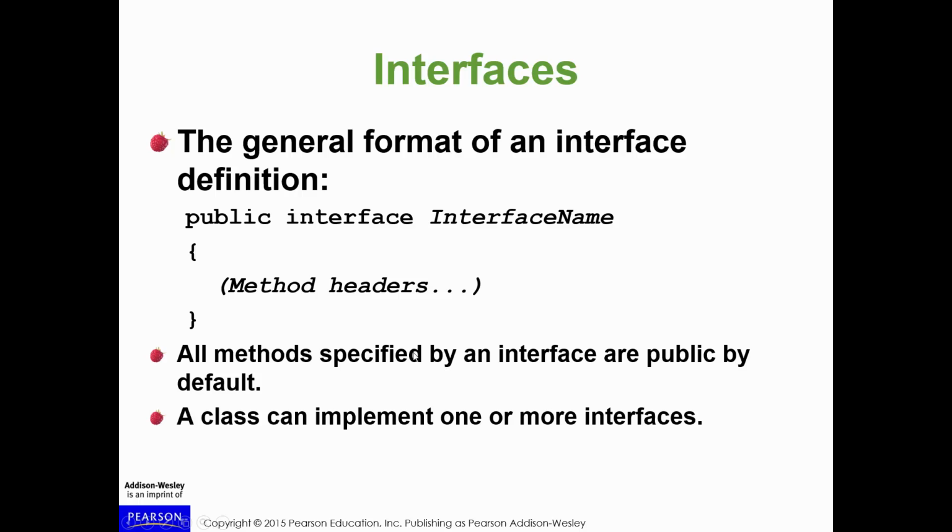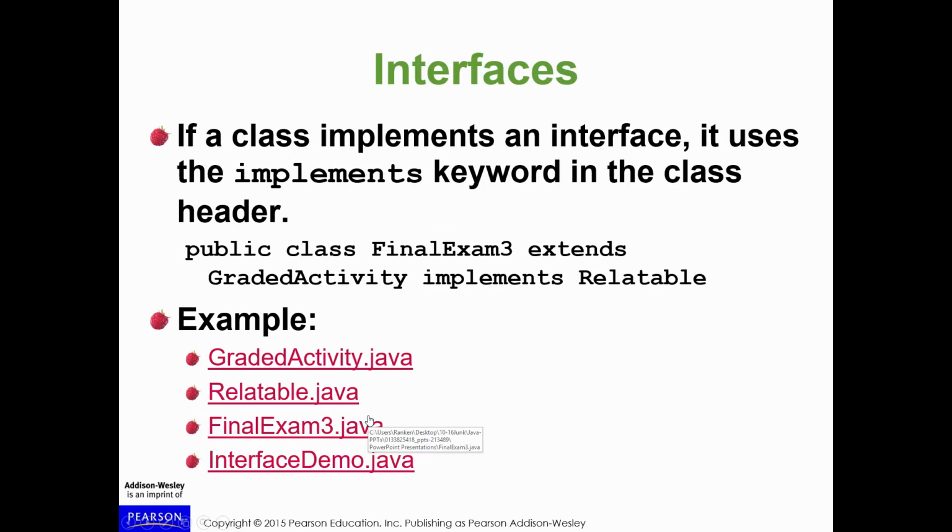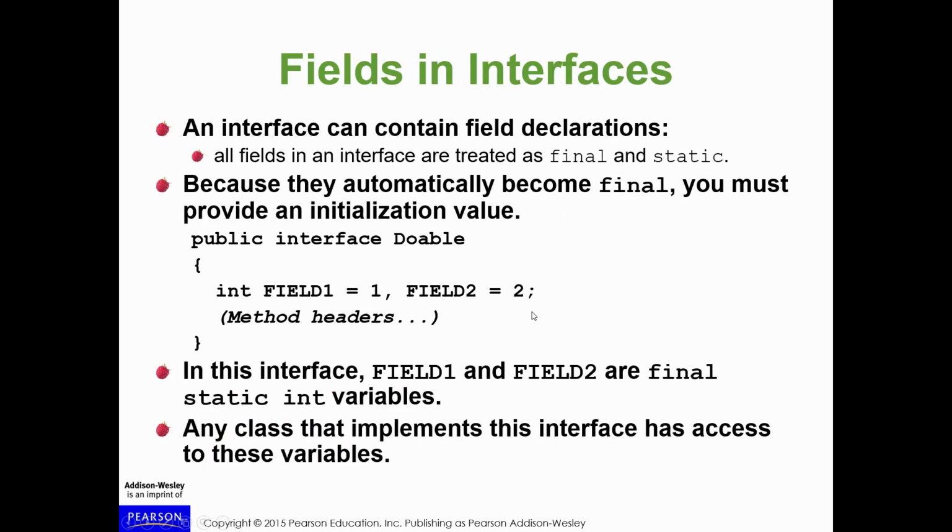All methods specified by an interface are public by default. A class can implement 0 interfaces. It can implement one interface, or it can implement more than one interface. Here is an example. So you can say that a class both extends another class and implements an interface. And there are all sorts of different combinations of this stuff that you can use.